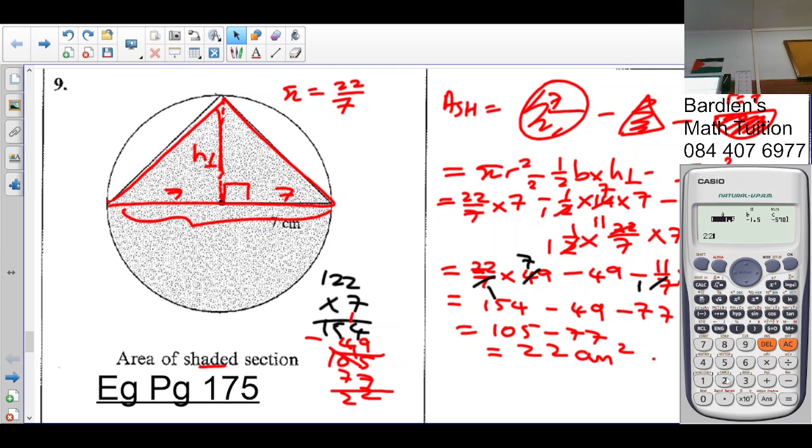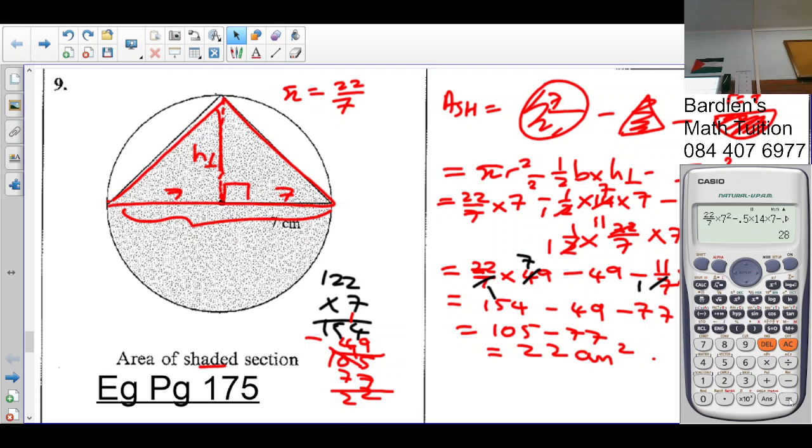So it's going to be 22 over 7 times 7 squared, minus a half times 14 times 7, minus a half times 22 over 7 times 7 squared.